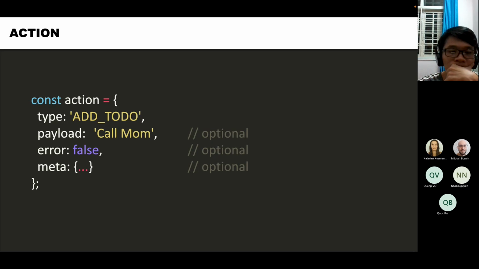As I mentioned before, in the same way, if we design the state structure based on our application requirements, we should also be able to come up with a list of some actions, like: add a new to-do entry based on the text the user entered, toggle the completed status of a to-do.